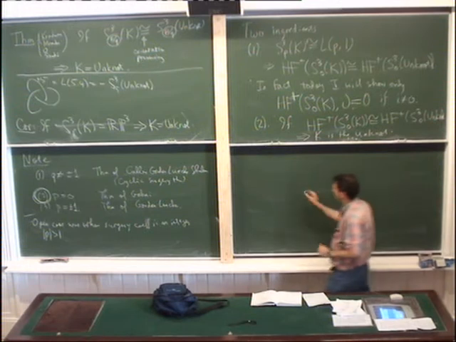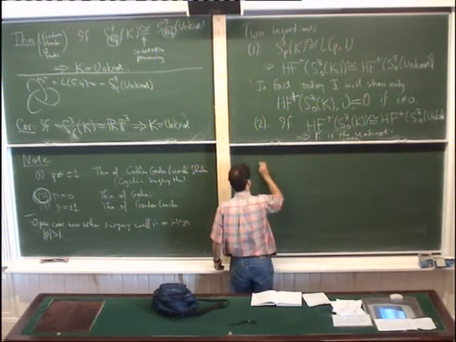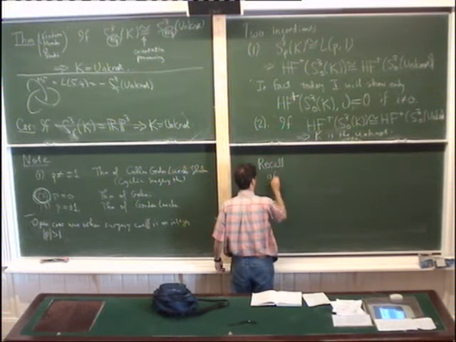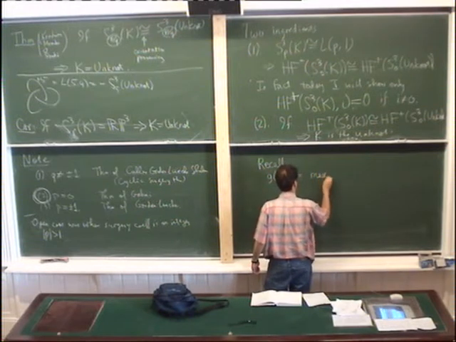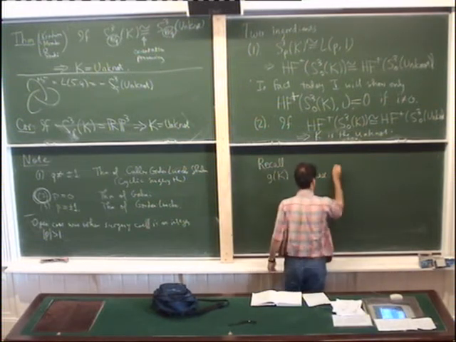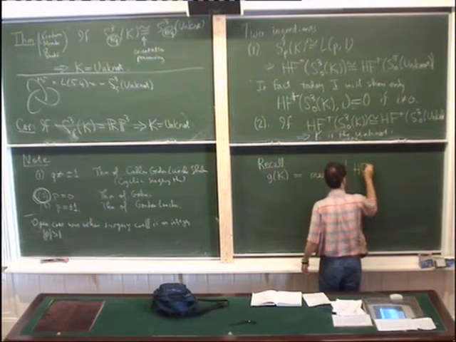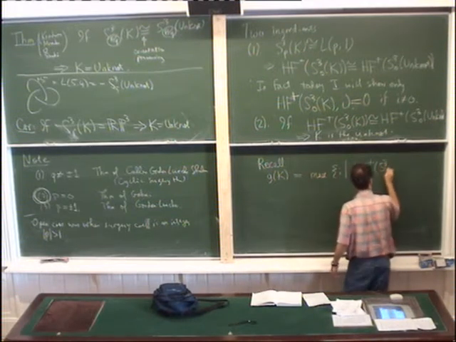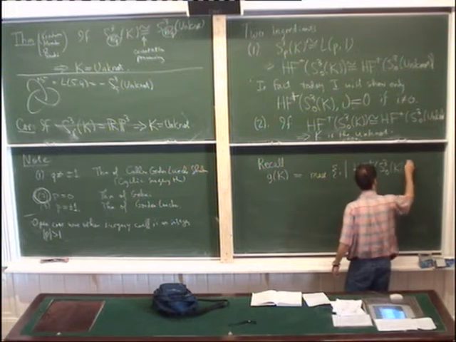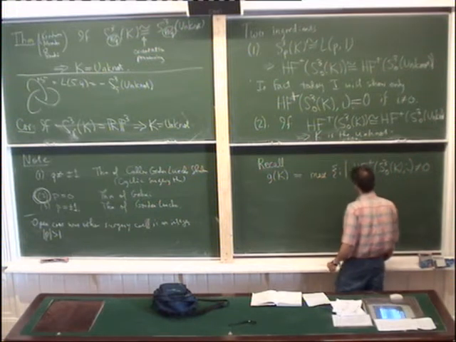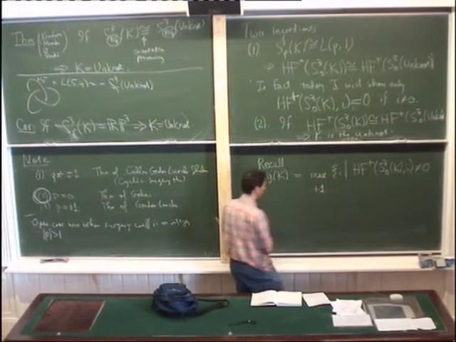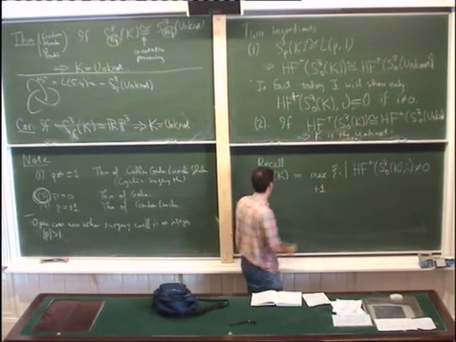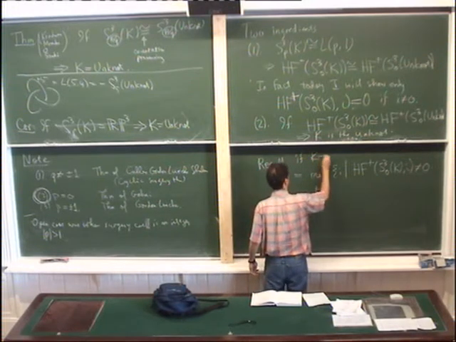Remember, I said that the genus of a knot, so recall that the genus of a knot is equal to the maximum integer such that the Floer homology plus 1 if K is non-trivial.